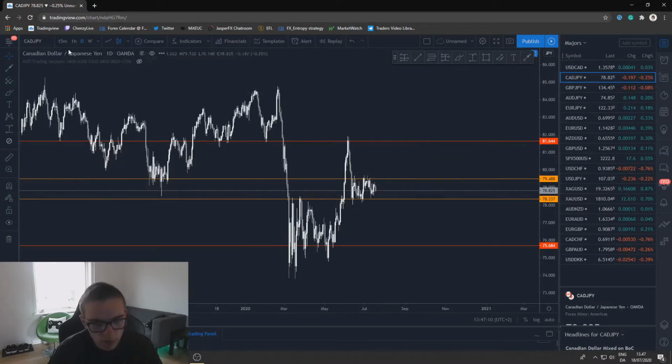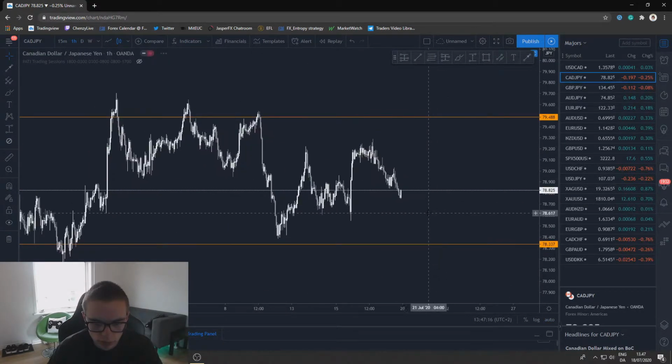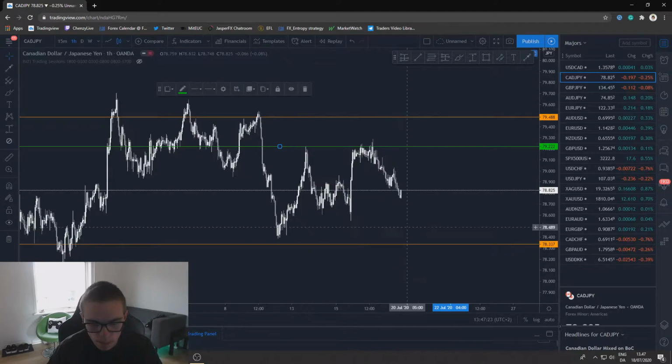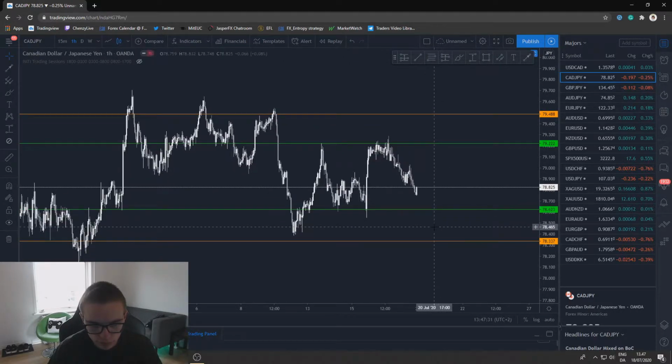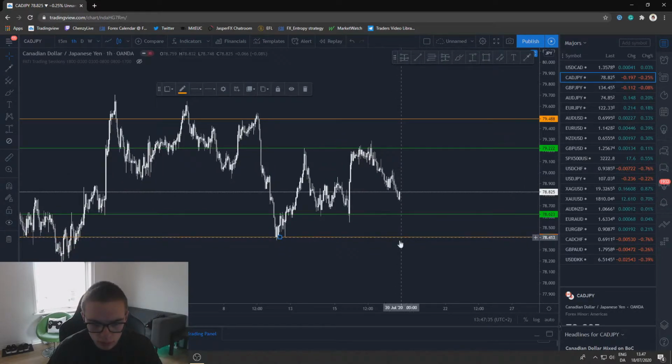Around there. And then the hourly. It's down there. We can adjust these ones on the lower time frames as well.